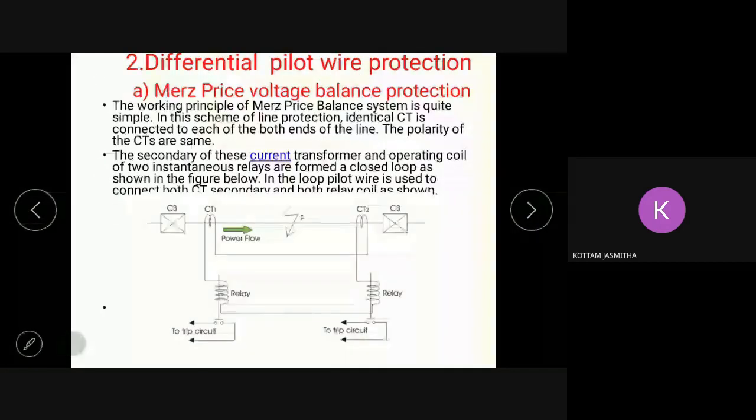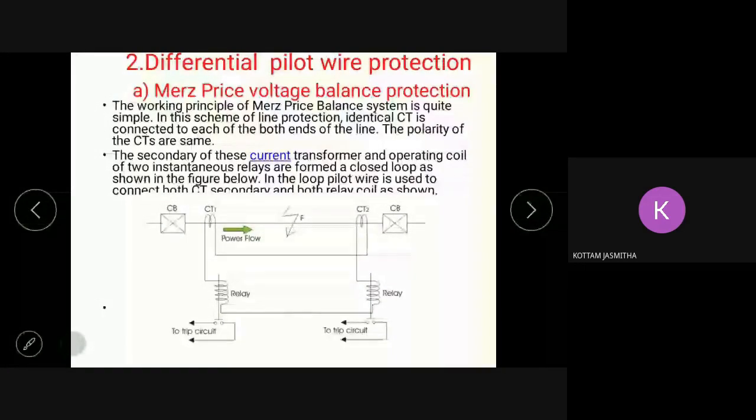And the next one is the time graded overcurrent protection scheme. How many types do you have? First, there are three feeders: radial, parallel, and ring main. In the radial feeder we have two schemes: constant definite time and inverse time.